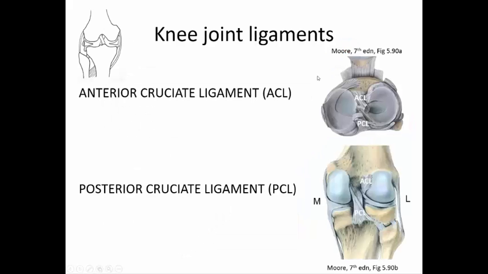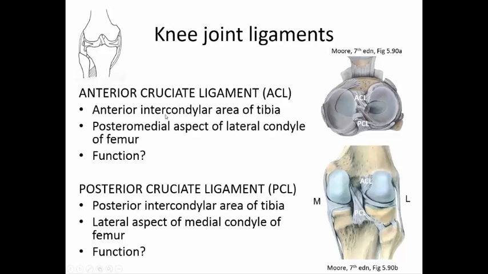We have knee joint ligaments. Looking at our cruciate ligaments, cruciate meaning cross. These two ligaments cross over. So we have an anterior cruciate ligament and a posterior cruciate ligament. The anterior cruciate ligament starts on the anterior intercondylar area of the tibia, and it connects proximally to the lateral condyle of the femur.